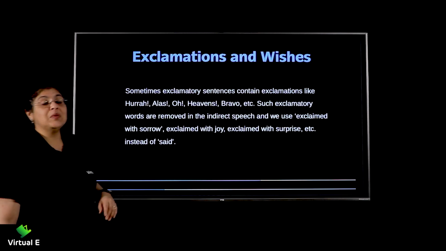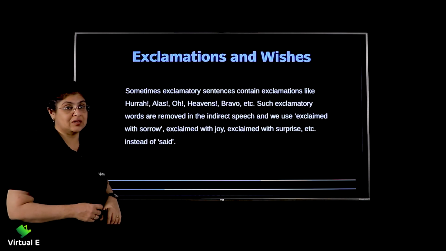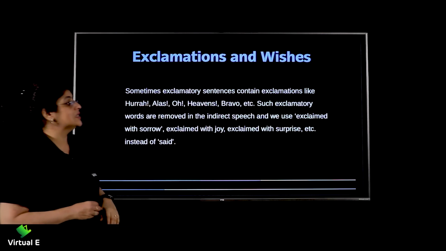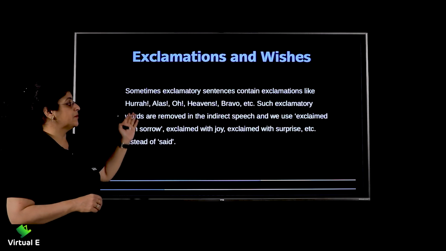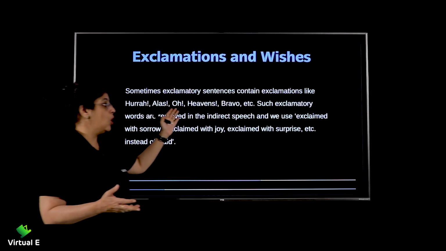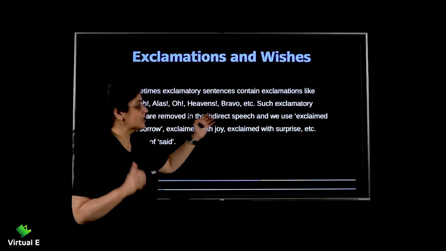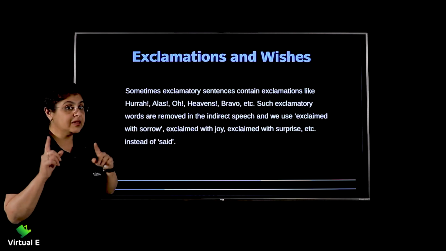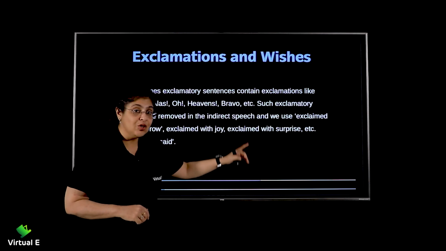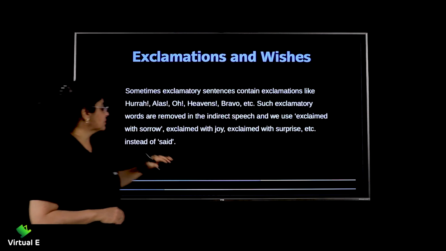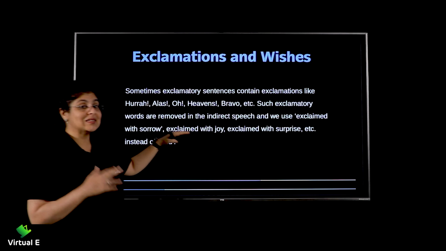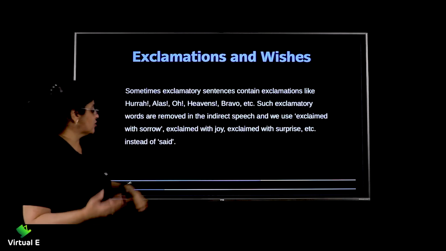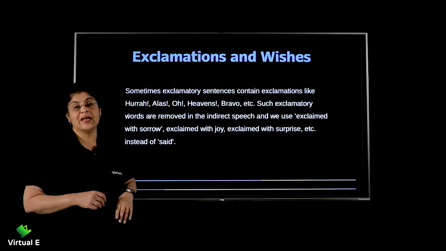And towards the end, we have exclamations and wishes. You know, exclamations. Sometimes exclamatory sentences contain exclamations like hurrah, alas, oh, heavens, bravo, etc. Such exclamatory words are removed in the indirect speech and we use exclaimed with sorrow, exclaimed with joy, exclaimed with surprise, etc. instead of said.